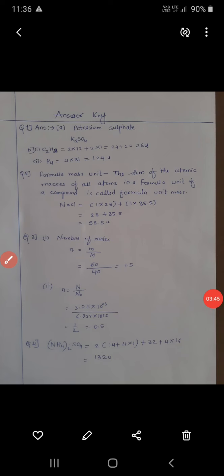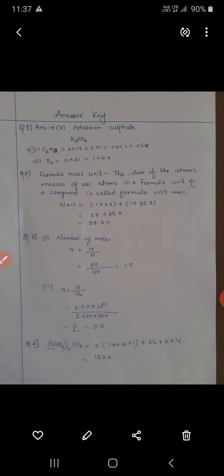Now, third problem, calculate the number of moles for first 60 gram of calcium and second 3.011 into 10 to the power 23 oxygen atoms.